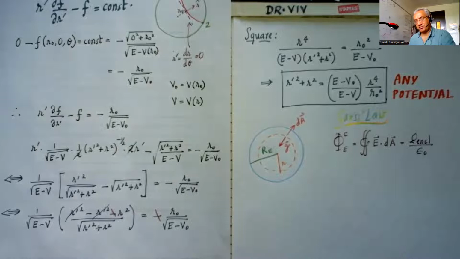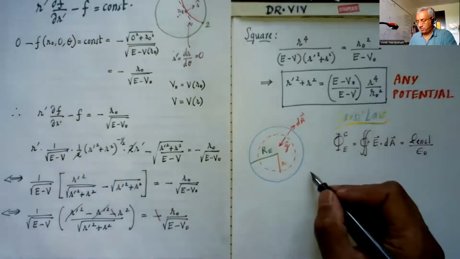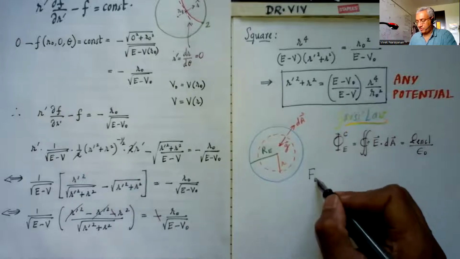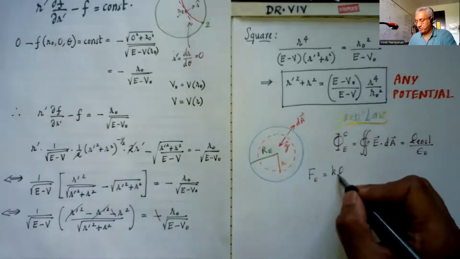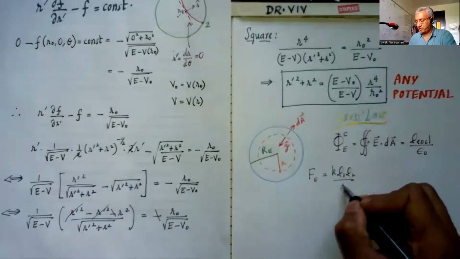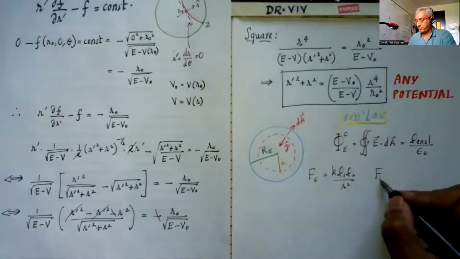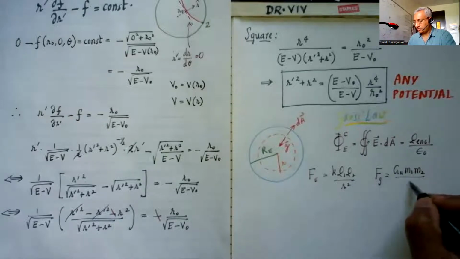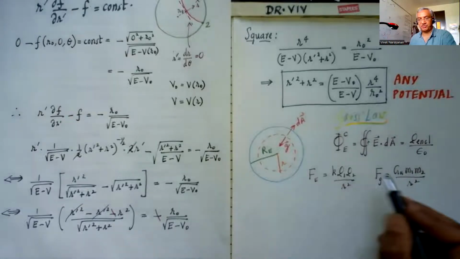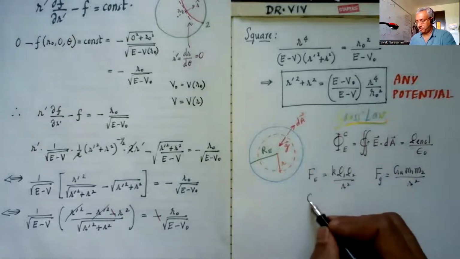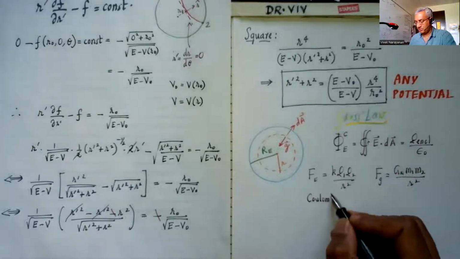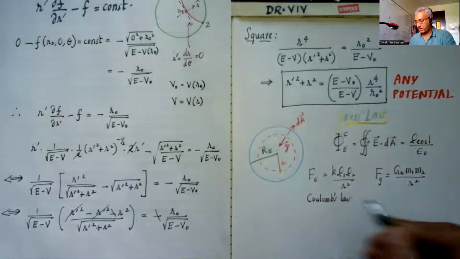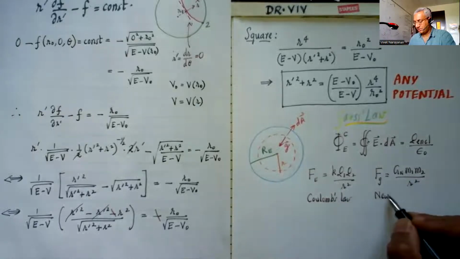Now, epsilon naught is very special to Coulomb's law. If you think about Coulomb's law, electric force equals K Q1 Q2 over R squared. Similarly, Newton's law of gravity is G Newton M1 M2 over R squared. So G Newton and K have the same status. This is Coulomb's law. And that's Newton's law of gravity.